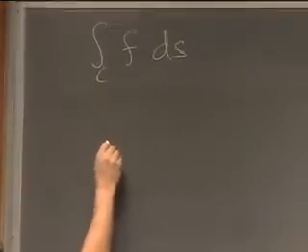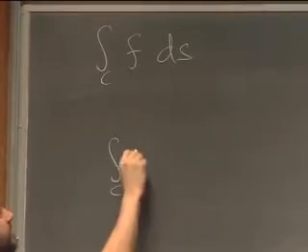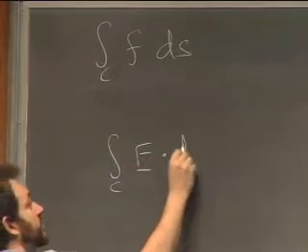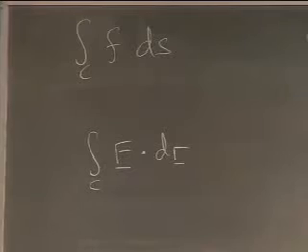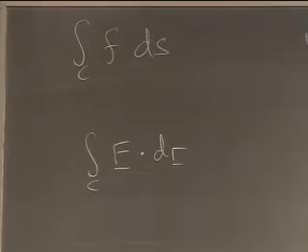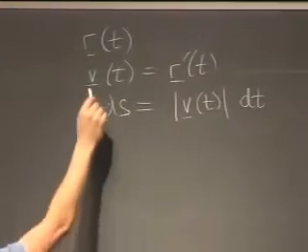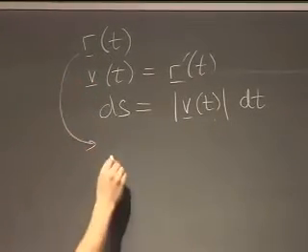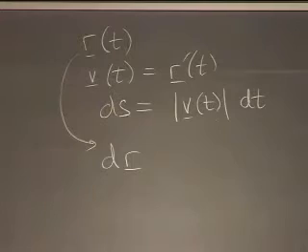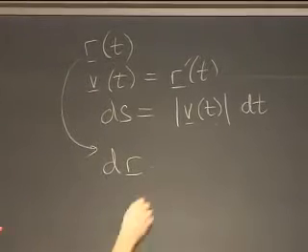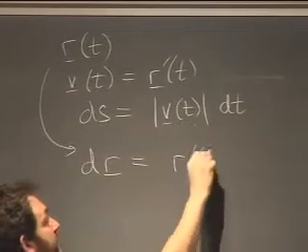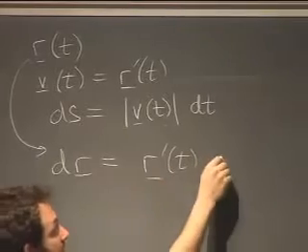The other thing we looked at was the special case of capital F being a vector field, and I showed you how to deal with f dot dr, at least in 2 dimensions. To remind you, it's very, very similar. You compute your r prime of t. Once you have r of t, you can also think of this velocity in the form dr, which is r prime of t, the same vector, dt.